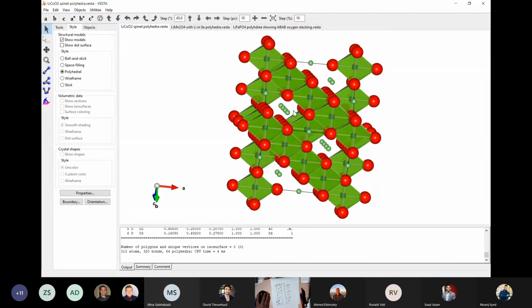Okay. And it turns out that this structure has a three-dimensional connected network of tunnels. There's tunnels that are parallel to the x-axis, the y-axis, and the z-axis, all three. Okay. And that means lithium diffusion in this material is incredibly fast. It's a three-dimensional material.